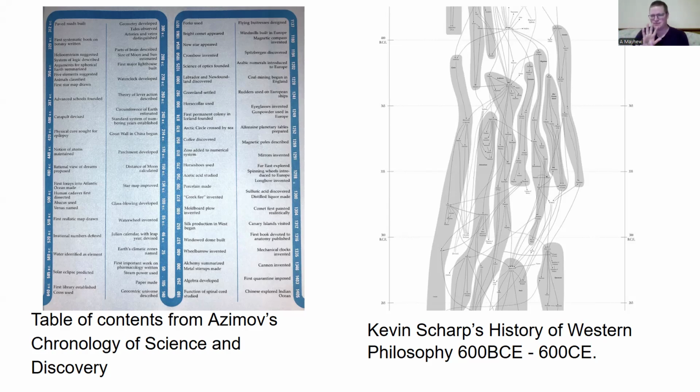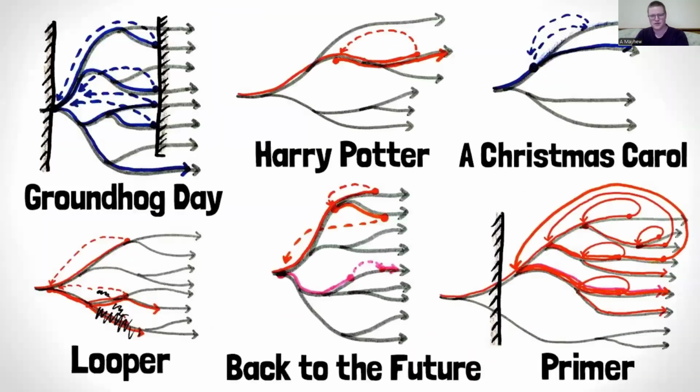So this is kind of a timeline and a graph overlaid on each other. And again, this is probably most useful for someone who's already familiar with the subject matter, but it can also be an interesting introduction to see how all of these figures relate to each other.